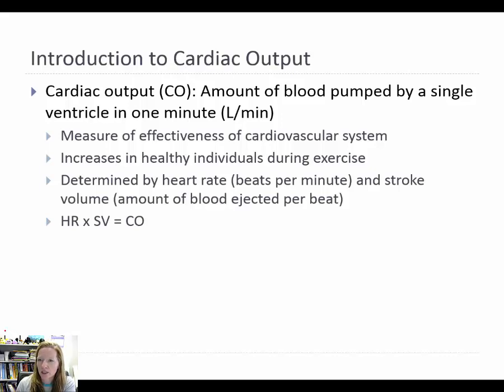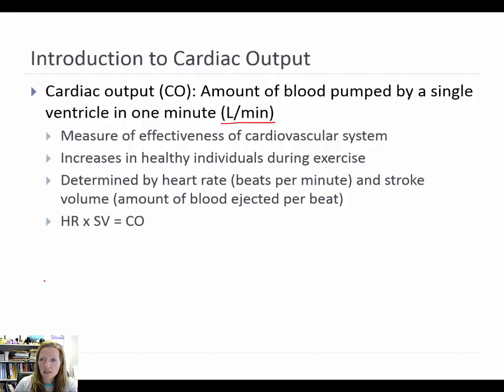Cardiac output is the amount of blood pumped by a single ventricle in 1 minute. And it's always going to be given in liters per minute. Really, what it's doing is measuring the effectiveness of the cardiovascular system. It's going to determine how much perfusion there is. Remember, perfusion has to do with the amount of blood being delivered to the different tissues in a certain amount of time.